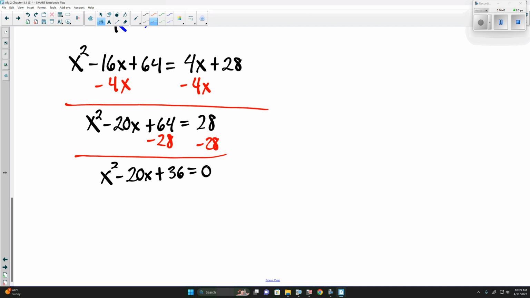Now at this point, we can solve the quadratic by factoring, graphing, the quadratic formula, any of the methods that we've had so far. Since the number in front of x squared is positive 1, we can graph this to get our solutions.